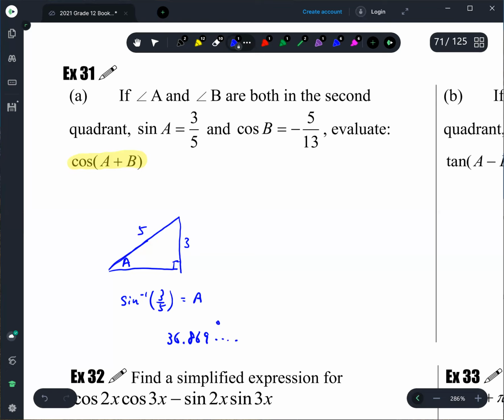So you can see that the 3/5, the ratio that they give you here, is not like square root 3 over 2 or 1 over square root 2, those special angles. So these ratios are not special.